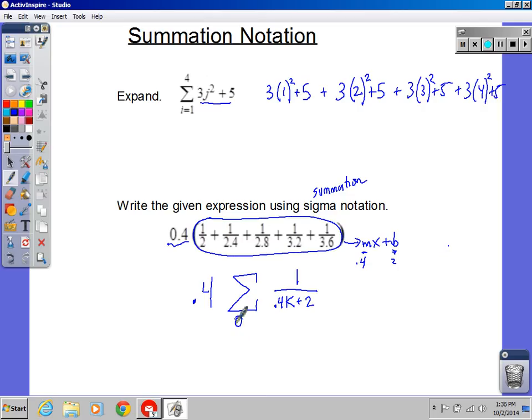So if we start at 0, 1, 2, 3, we would end at 4. Now there are variations to that. We could start at 1 and go to 5, but we'd have to have a 1.6 there, etc. However, that would be a sufficient response.